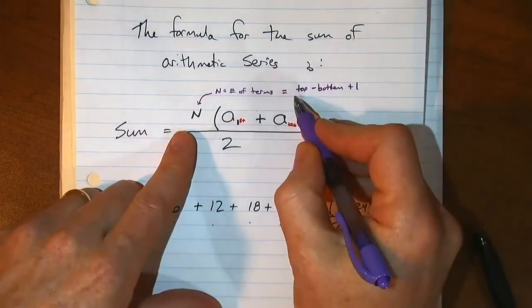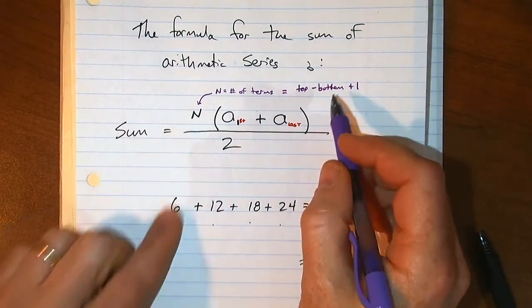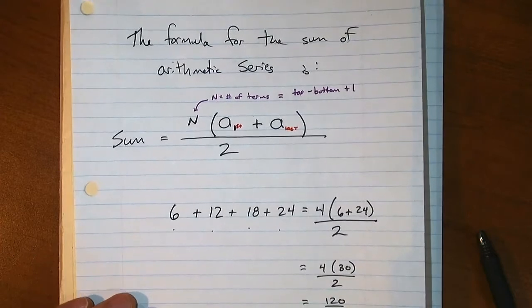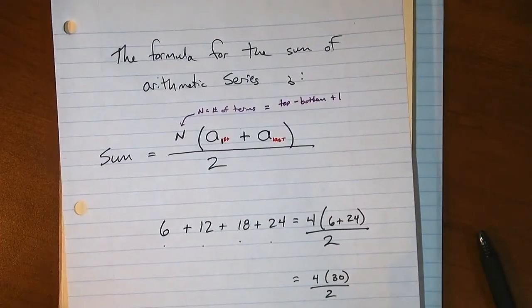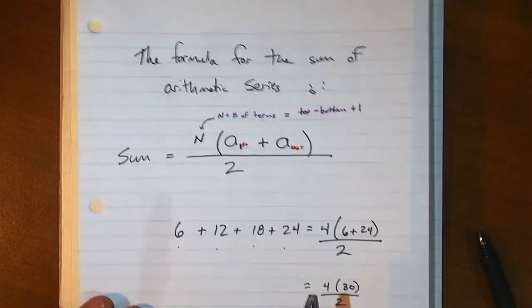It should be top minus bottom. The number at the top of my sigma notation minus the number at the bottom of my sigma notation, and then plus 1. Okay, so that takes care of what the formula is and the basic idea of how the formula works.